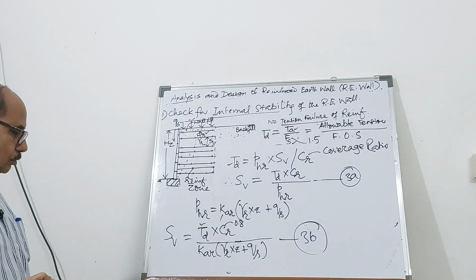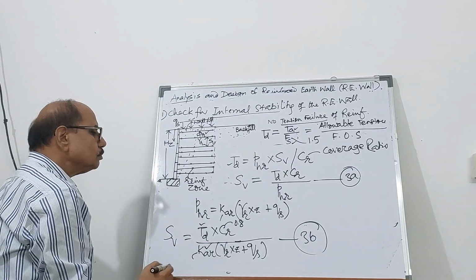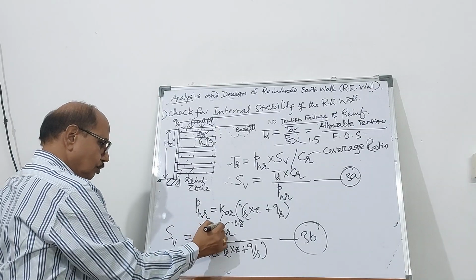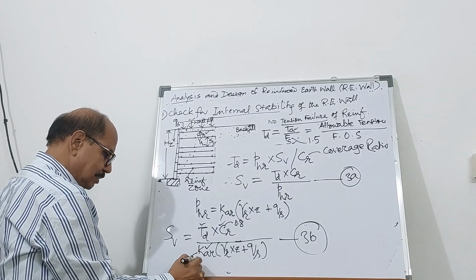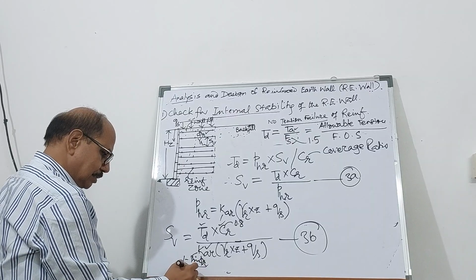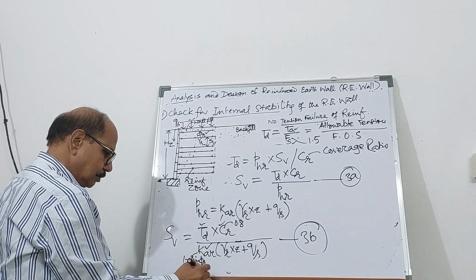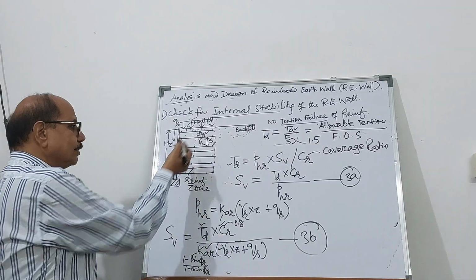This is known, because you know how to calculate it: 1 minus sine phi r divided by 1 plus sine phi r. This is the property.